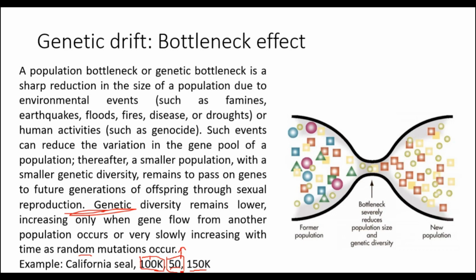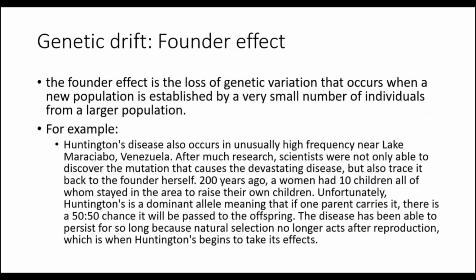Only the founder population of 50 seals transferred their genes to the next generation. The founder effect is the loss of genetic variation that occurs when a new population is established by a very small number of individuals from a larger population.